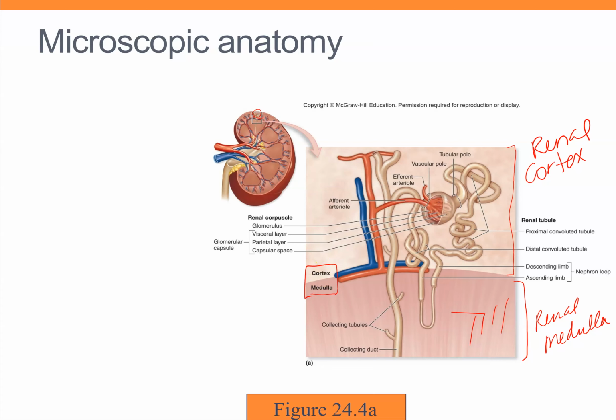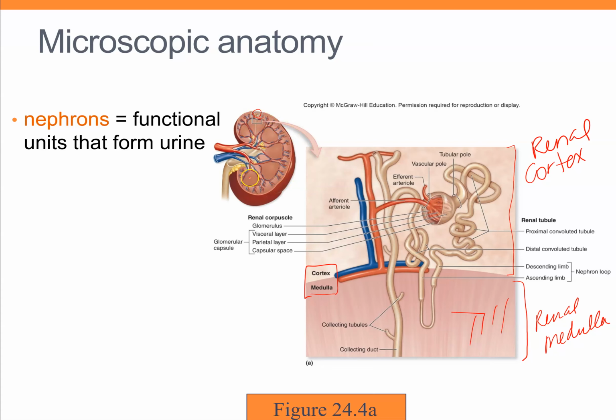All right, so what we have here is a nephron. There would be lots and lots of nephrons located in this region all the way around the kidney, backwards and forwards. The nephron starts where this circular structure is, and then you can follow the tube.